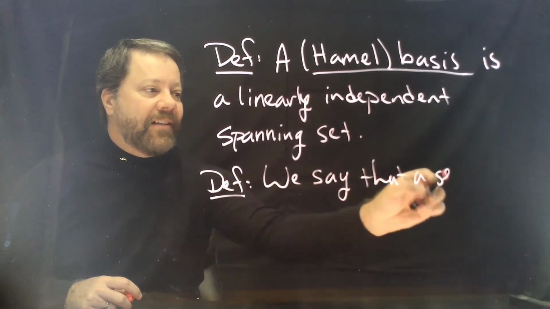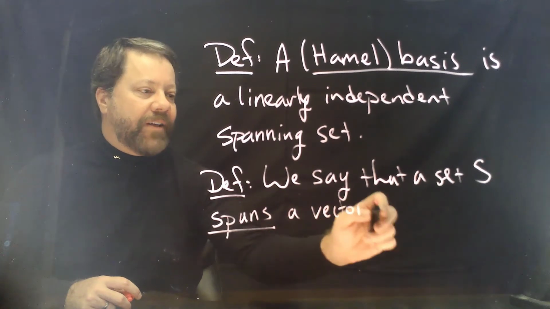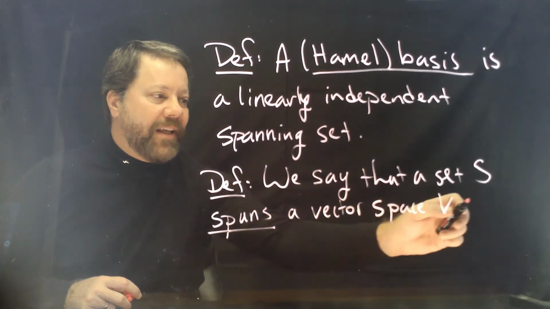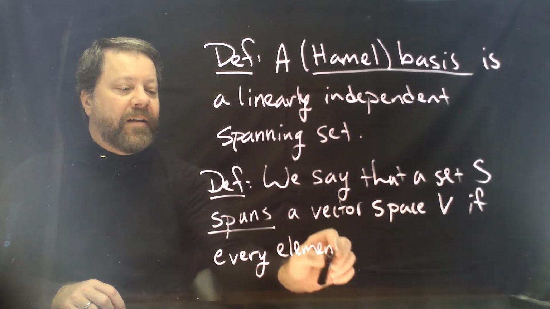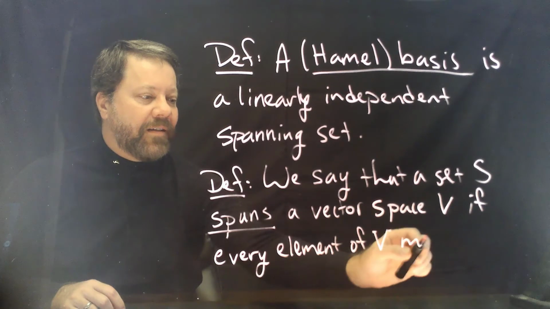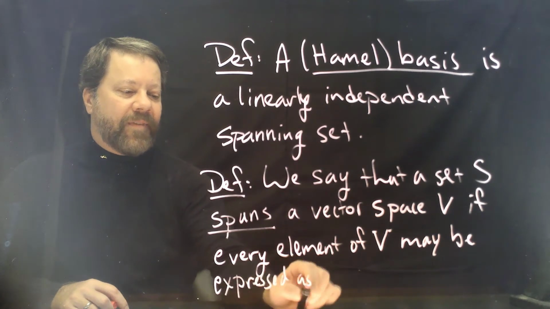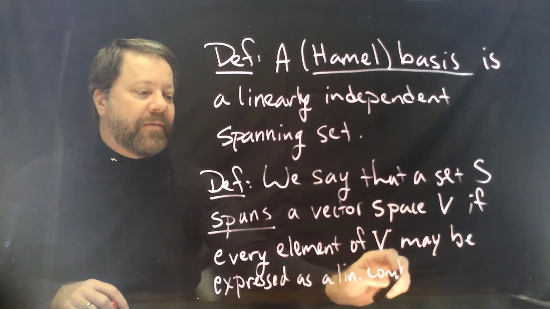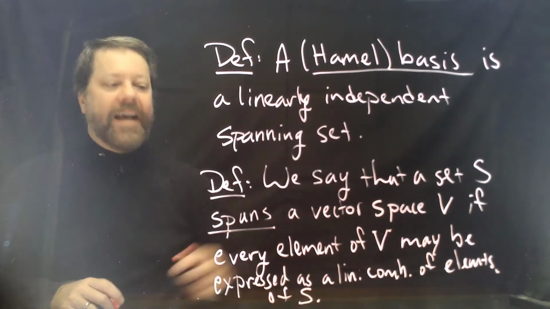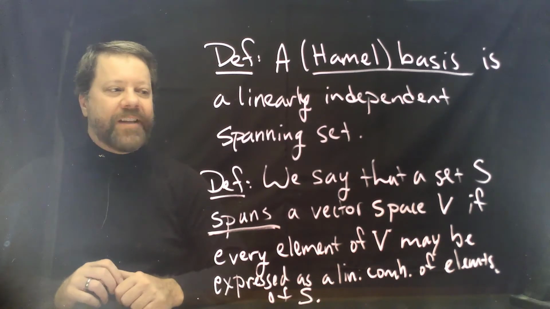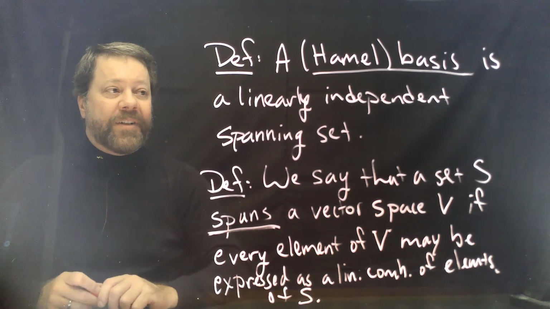We say that a set S spans a vector space V if every element of V may be expressed as a linear combination of elements of the set S. So everything in V can be constructed from elements in the set S. Notice that there are two elements to be a basis.